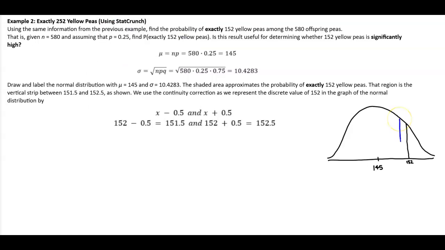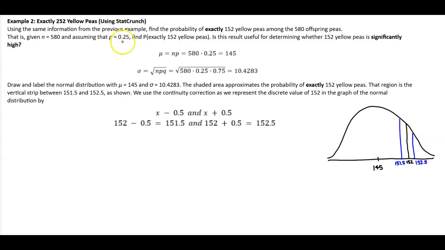So to the left of 152, we have 151.5. And if we take 152 and add 0.5, we get 152.5, a value to the right of 152.